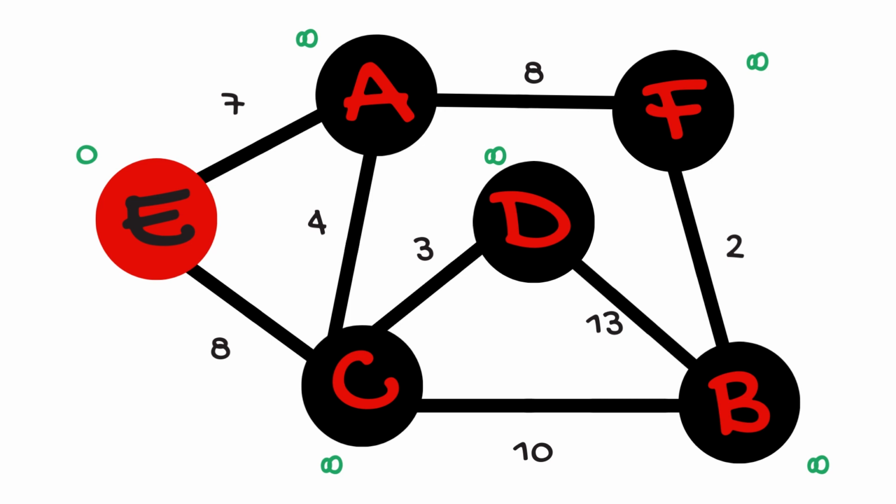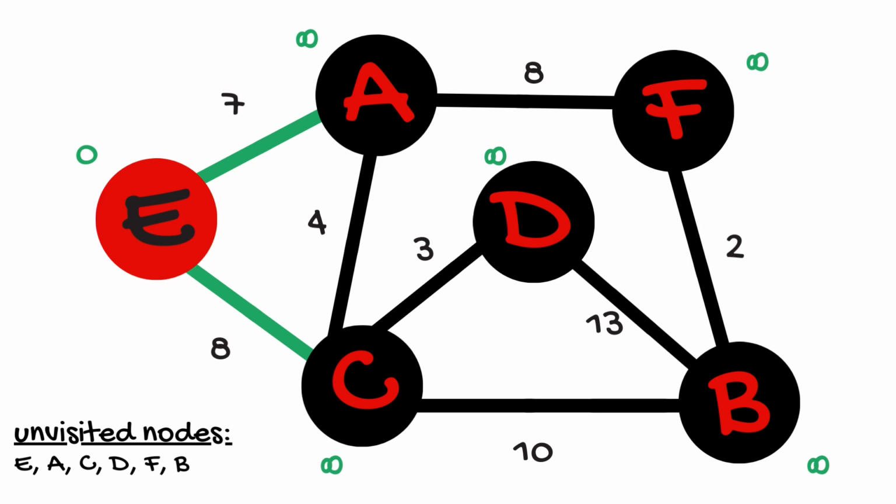Now we need to first inspect all the adjacent nodes of our start node E. So we need to use the edge weights to update the distances between E and A and E and C. So now A has a distance of 7, which we determine with the edge weight between E and A, and C is updated to a distance of 8. Similar story, updated via the edge weight, E to C being 8.